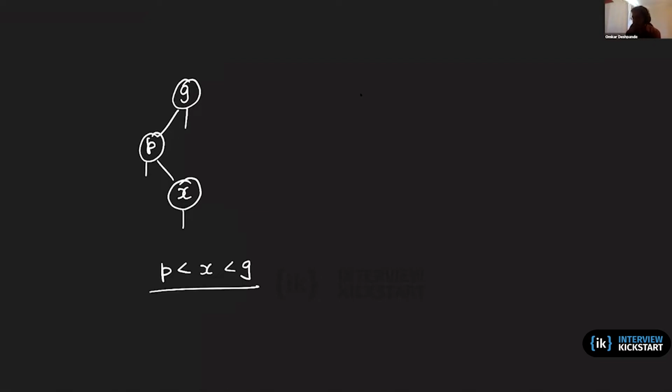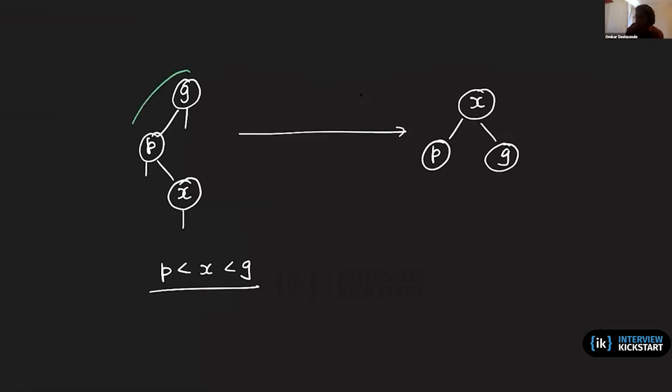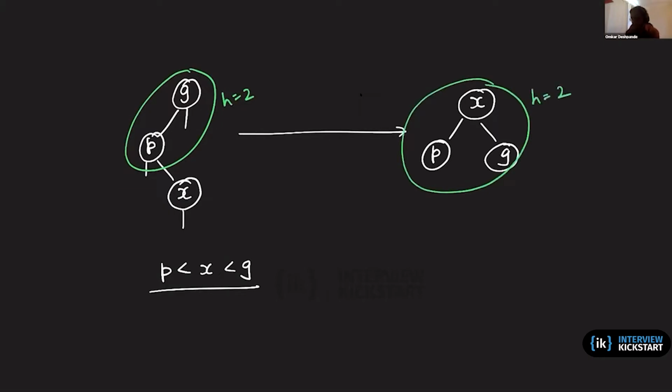So that tells us that X will be in the middle once we have transformed. X will be in the middle with P on the left and G on the right. So the height here is 2. Height after inserting X and rebalancing is also 2. No further repercussions up. Since the balance factor is 0, balance factor here was 2. Then after rebalancing, it has changed.